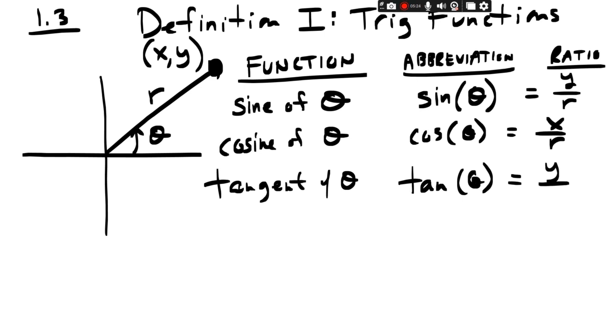Y over x, just the coordinates themselves. This one's a fun one because y could be negative and x could be negative, so there's a weird little thing that happens: if they are both negative, you get a positive ratio out of it. That kind of throws an issue there. Okay, so we got tangent. What else? If we have tangent, we have cotangent.